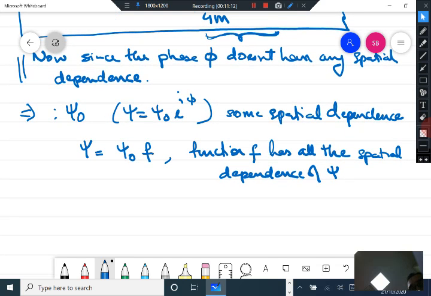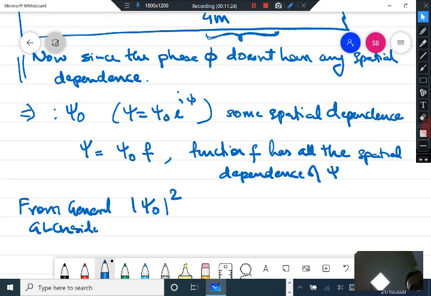Okay, and psi naught, if you recall from general GL considerations, is equal to minus alpha by beta.